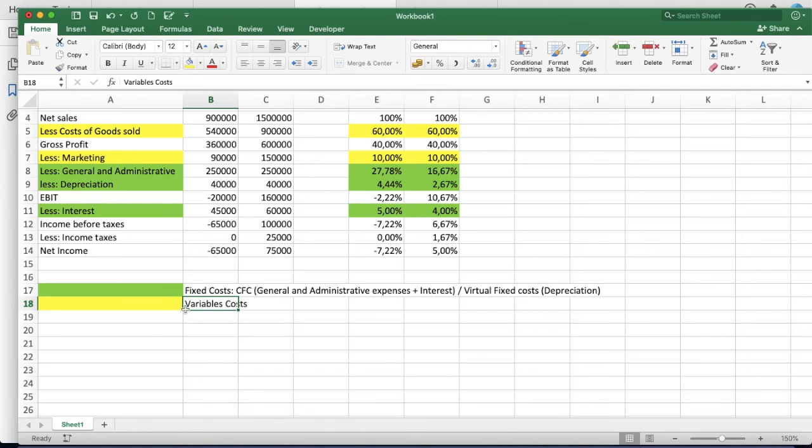Well, for the variable cost, see here, we have two types. We have the cost of goods sold, which represents 60%, plus the marketing expenses, that represents 10%.